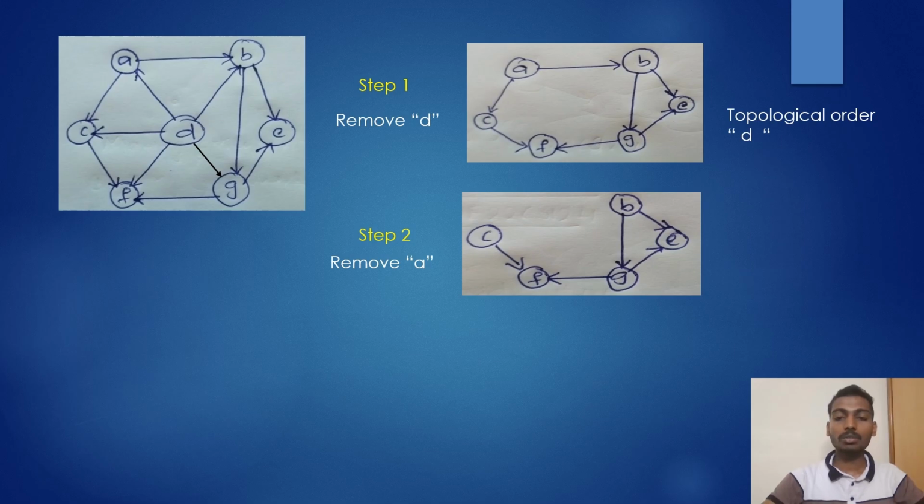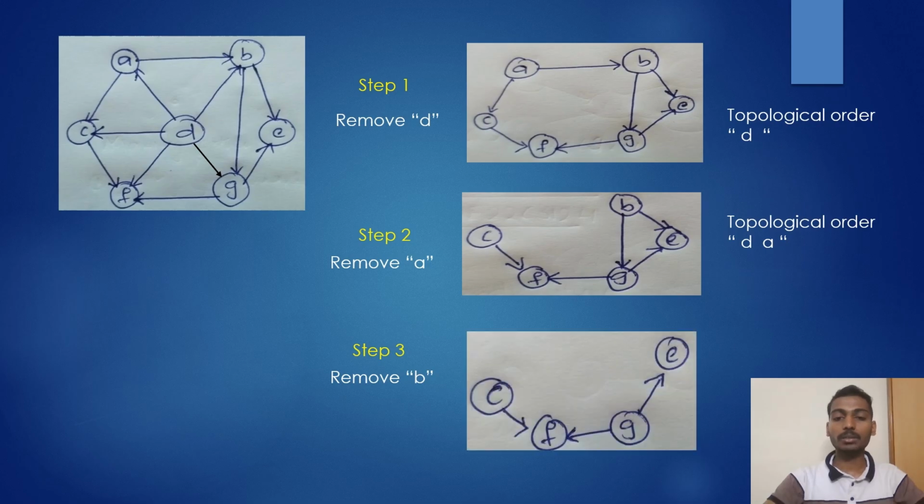Now A will be removed from the acyclic graph and the topological order is D and A. Next step 3, we need to remove B from the acyclic graph because B has no incoming edges, so we have to remove B. Next, the topological order is D, A, B.